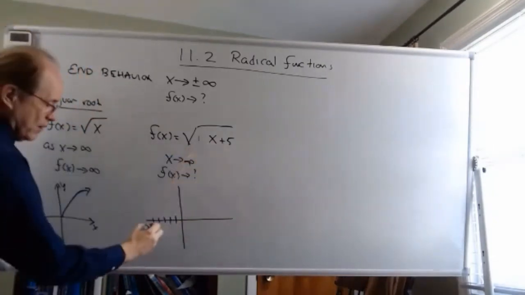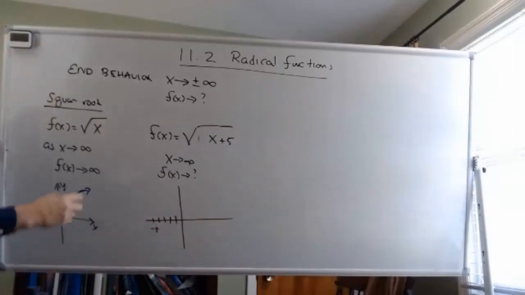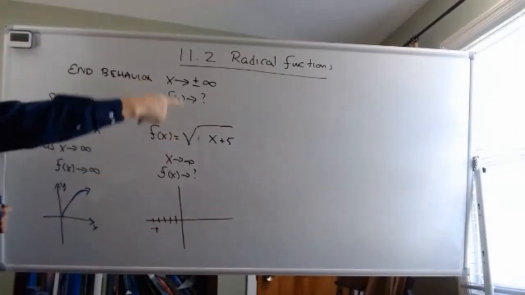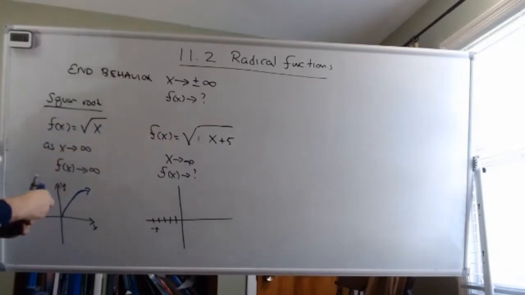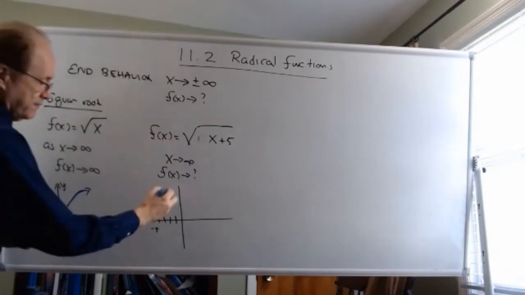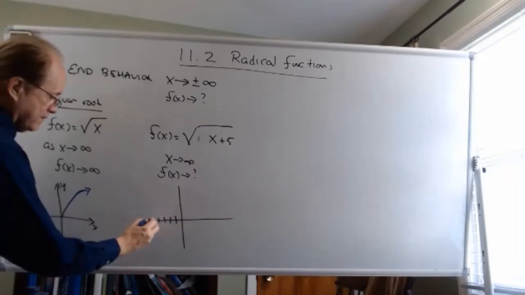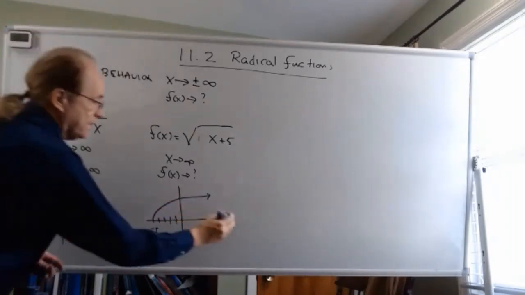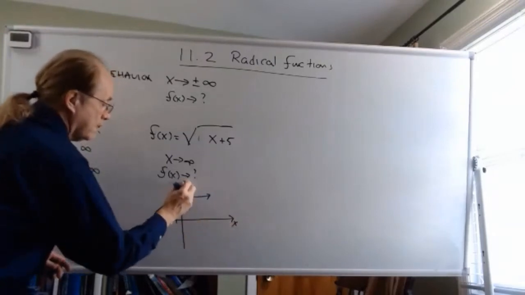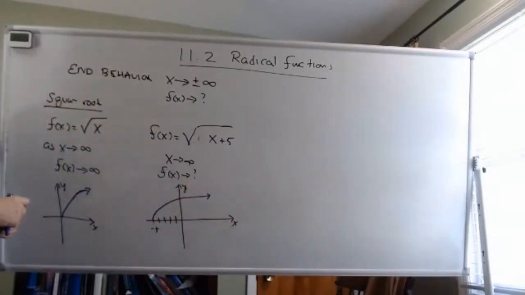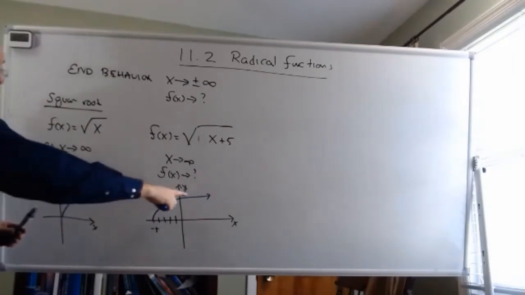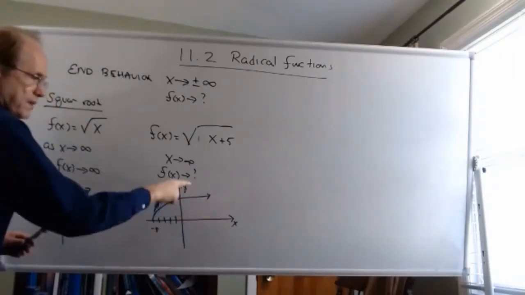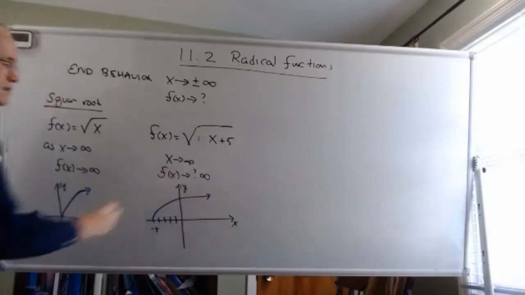When that is 0, x is negative 5. So in this case, when I solve the inequality for the domain, x would be greater than or equal to negative 5. And then over here, this would be like the square root of 5, so it looks something like this. In this case, we also see that as x goes to infinity, this also goes to infinity.